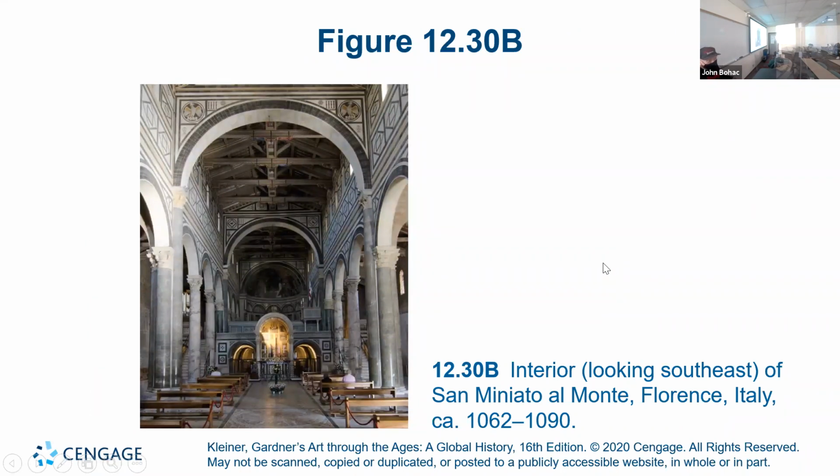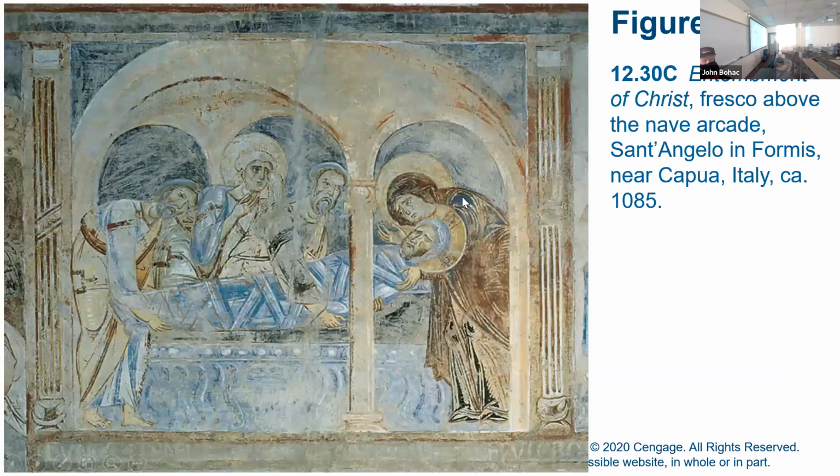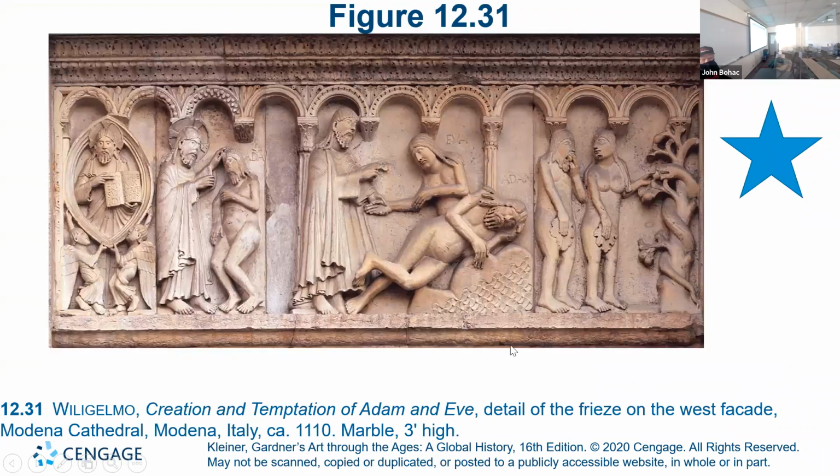They were also a lot closer to the Islamic world, where mathematics was flourishing. And so, creation and temptation of Adam and Eve. There's the temptation of fruit.